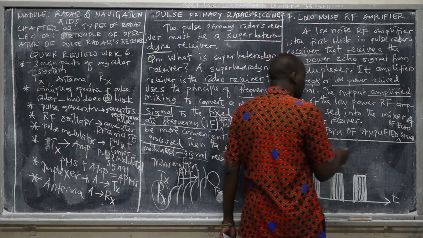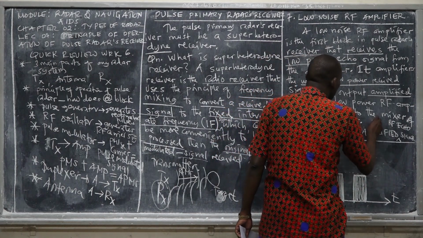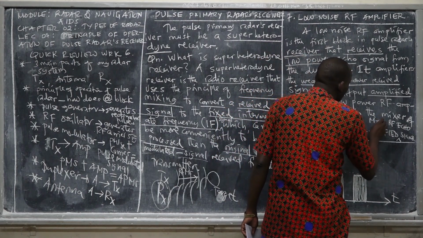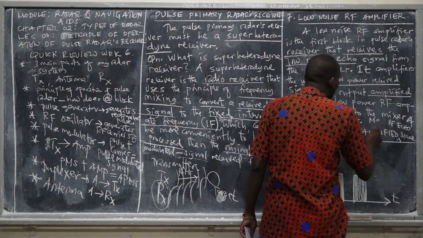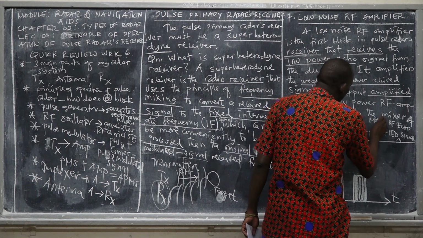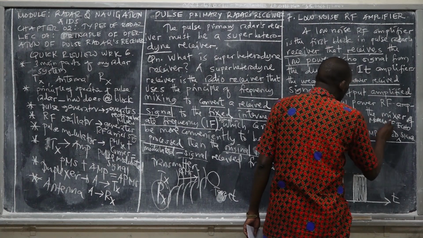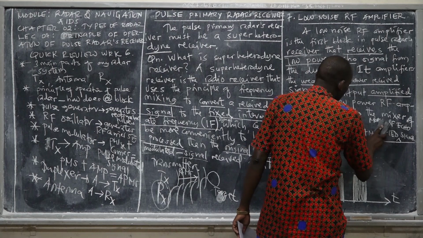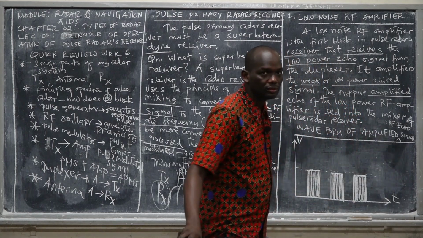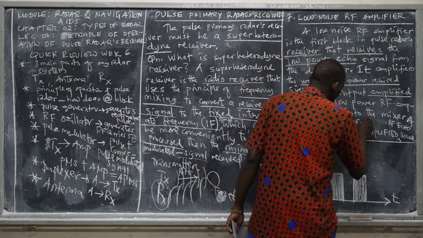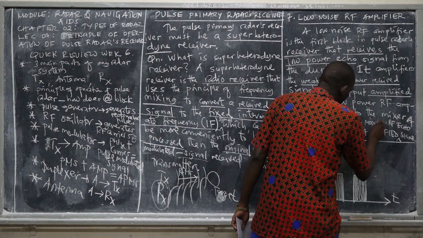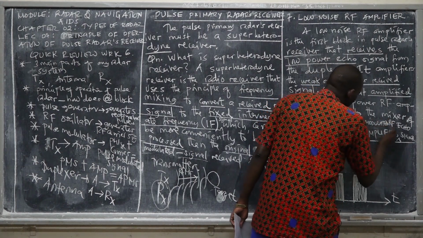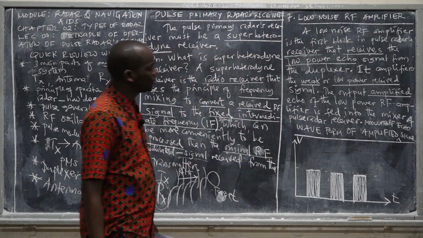It's called the waveform of the amplified modulated RF echo signal.